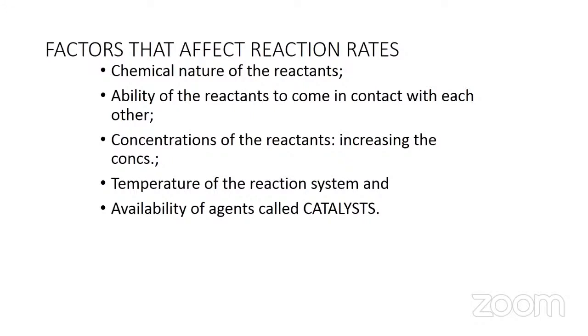You must have learned something like that from school during the Haber process in the production of ammonia. So these are some of the factors. As we run through this course, we'll take some of them and discuss them in detail.